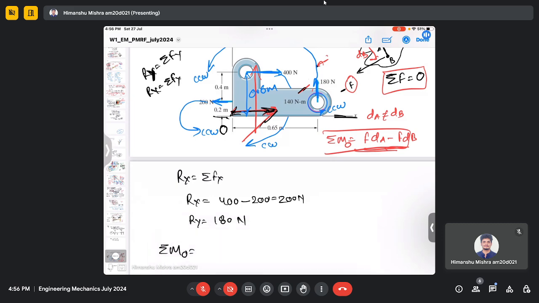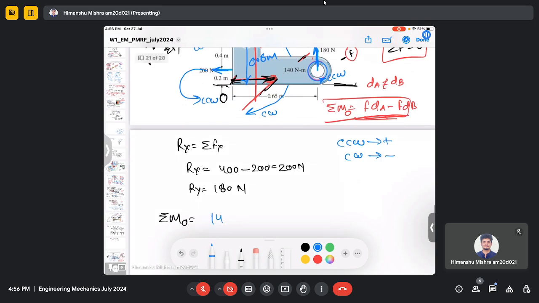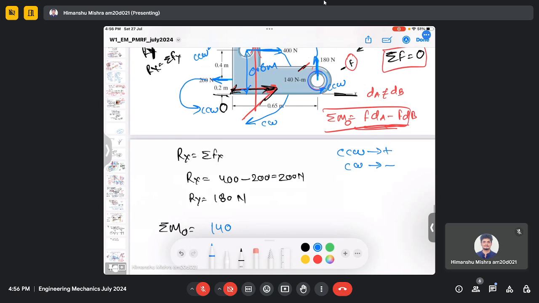So let me assign counterclockwise direction as positive and clockwise direction as negative. So I can take the couple directly, 140. Then this force plus 200 multiplied by 0.2.